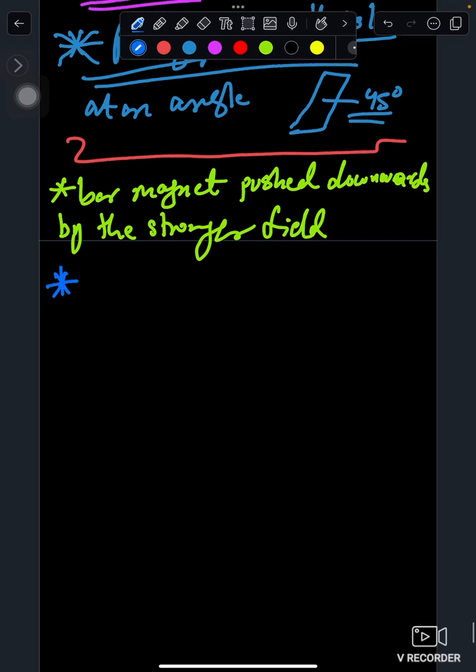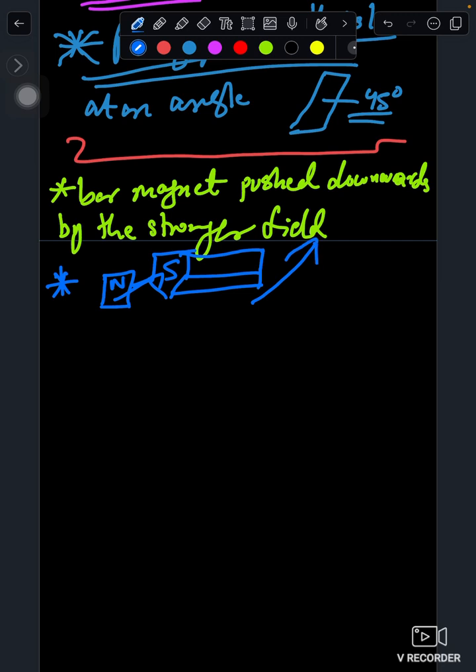Second result: the magnet moves upwards, as the north pole is attracted towards the stronger south pole. If the north is on top, it will attract the upper part, so it will be attracted to the south and go up. The last result: the bar magnet twists to align.